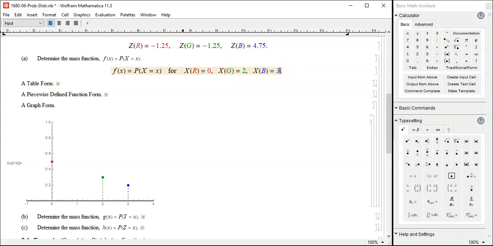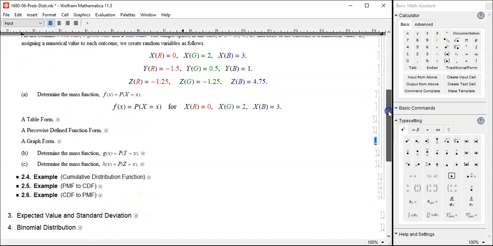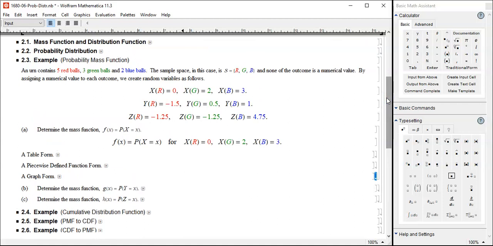Those go horizontal, and the probabilities go vertical. Probability for red is 5/10, probability for green is 3/10, and the probability for blue is 2/10. So we have those probabilities vertically and x values, the payoffs, horizontally. That's the graph of a mass function.